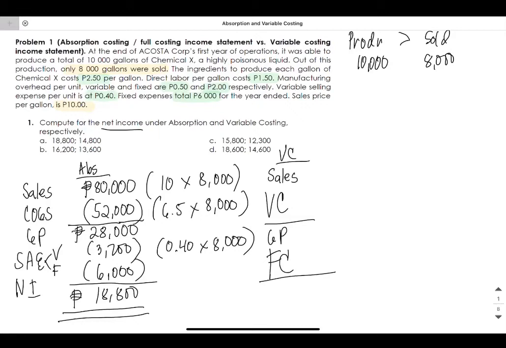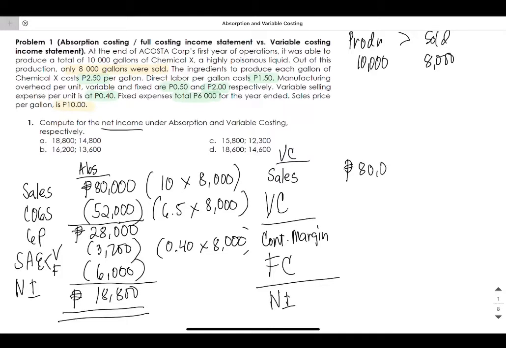It should not be gross profit, but rather contribution margin. And then less fixed cost, you will have net income. For the sales, it will be the same for variable costing, so it will be 80,000.